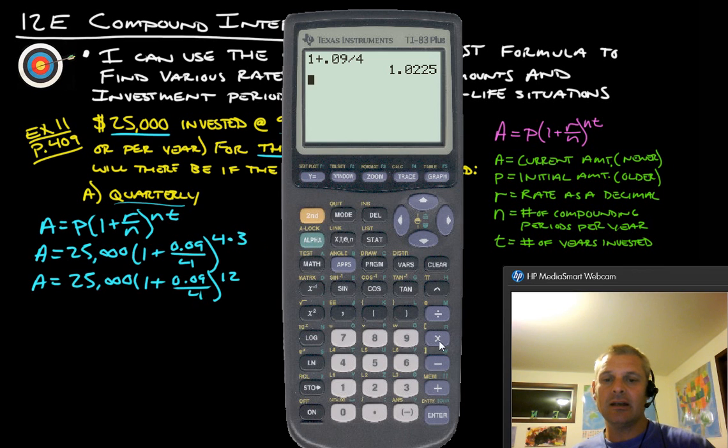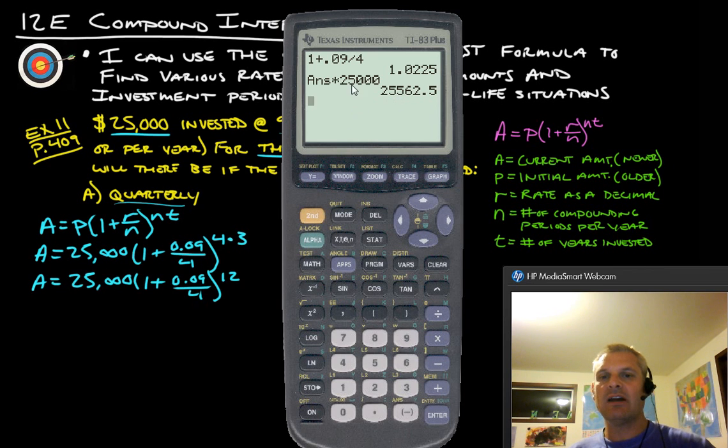So if we take that number here, and again, we haven't calculated our final answer, I'm just trying to explain what's going on here. If you multiply that by $25,000, that means after 3 months, because that would be 1 quarter of a year, that's when you would get your first interest statement, your interest compounded, excuse me, calculated.